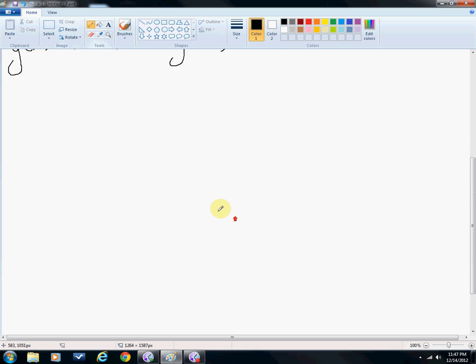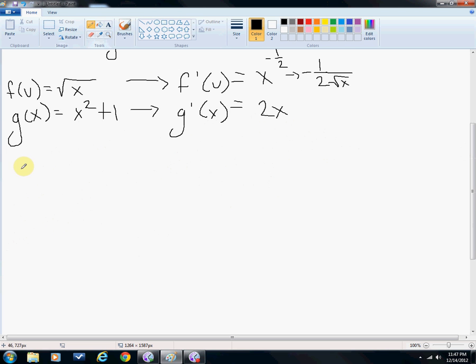So now for the fun stuff. Let's see. Capital F prime equals, you take the derivative of f, multiply it by g, or the stuff inside it, the stuff inside the original function. I'll show you in a second what I mean. And then you multiply it by g prime of x.